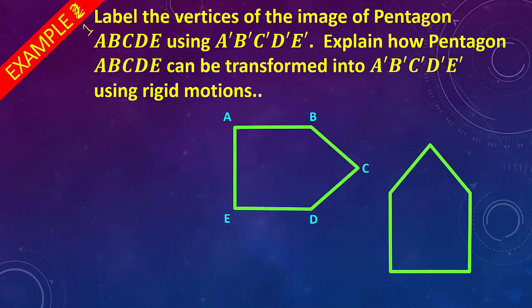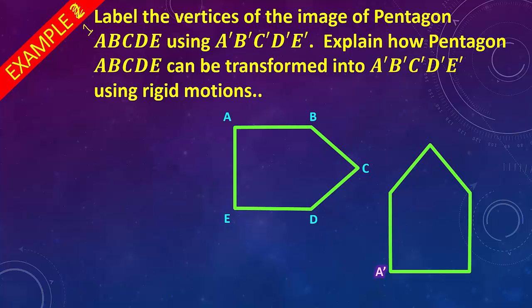We've got a pentagon here, five-sided, labeled A, B, C, D, E, and we need to label this with the same letters but in prime notation. So we need to take a look, and I'm going to say that this is rotated.